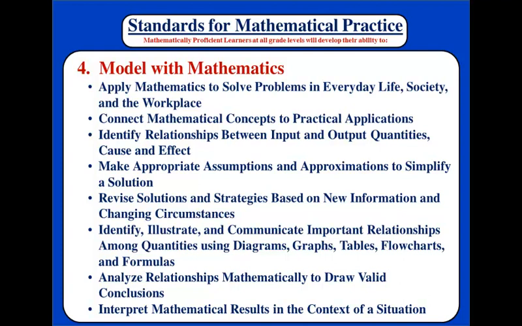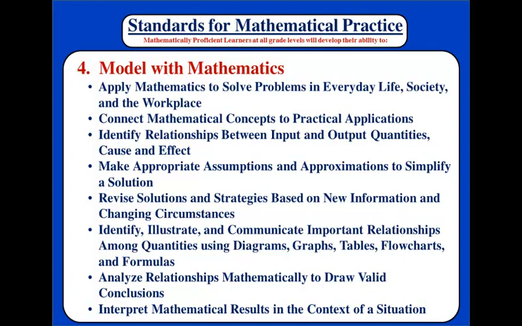We want to identify relationships between input and output quantities, cause and effect. When you do something, what are going to be the consequences of that action? That's part of what mathematics is about, and understanding cause and effect in mathematics can help you in many areas of life. We want to make appropriate assumptions and approximations to simplify a solution.